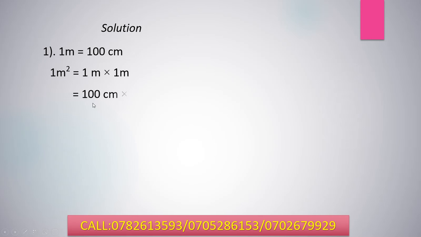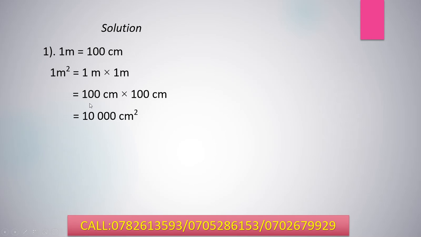Okay, looking at the first one, 1 meter is equal to 100 centimeters. Now if I want a square meter, it means I square the 1 meter. So 1 meter times 1 meter comes to 100 centimeters times 100 centimeters.